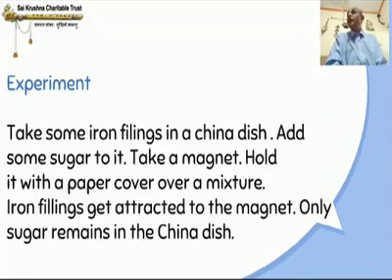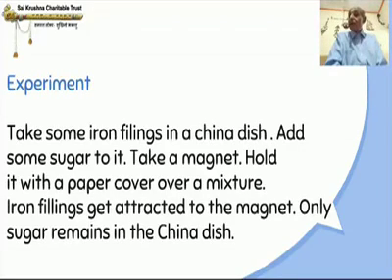What is the mixture? Iron filings and sugar. So this is a mixture. So take a magnet, hold it with a paper cover over the mixture.